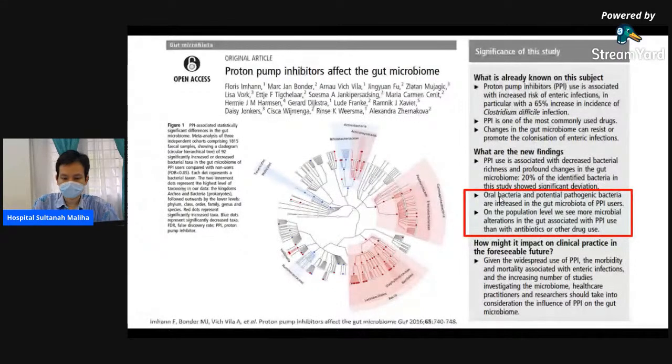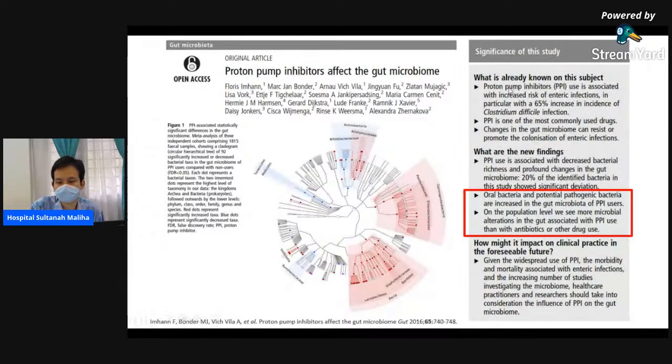A very complex diagram here, but never mind, let's just look at the right column on the significance of the study. Oral bacteria and potential pathogenic bacteria are increased in the gut microbiota of PPI users. On the population level, we see more microbiome alterations in the gut associated with PPI use than with antibiotics or other drug usage. So I hope that this rings a bell among us.